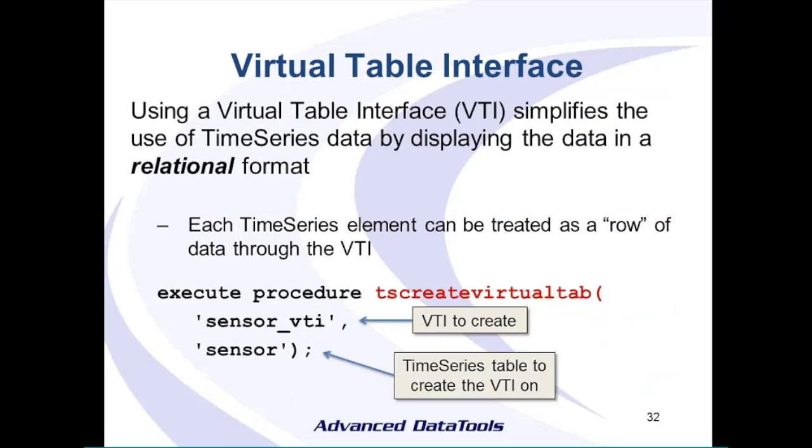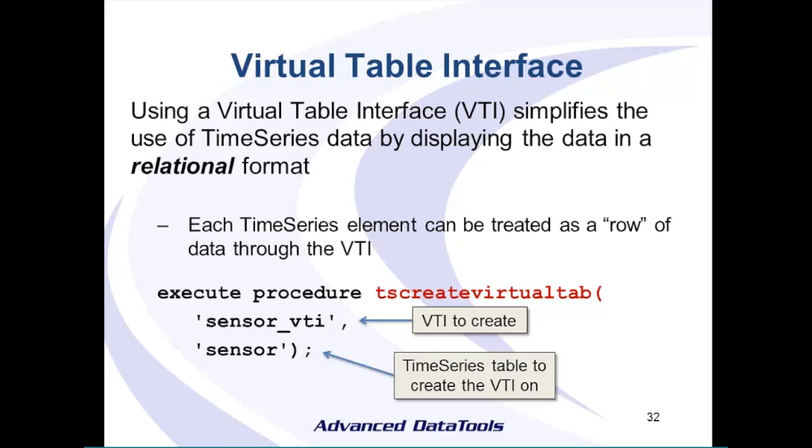Something that makes it a lot simpler is something called the virtual table interface. The virtual table interface is a view that goes against the time series data and displays it in more of a relational format. It shows the timestamp for every value and breaks out each of those data elements so they look like their own columns.